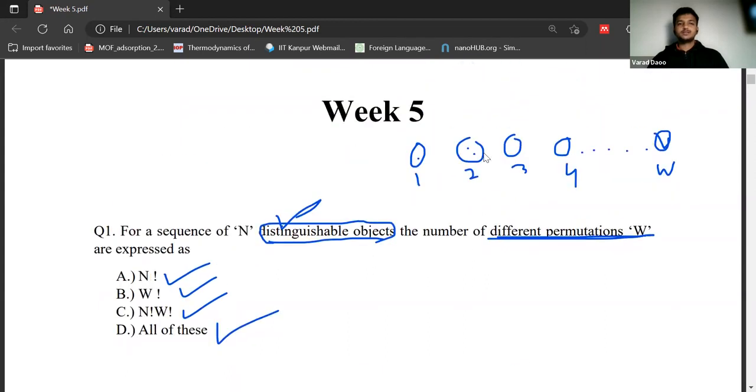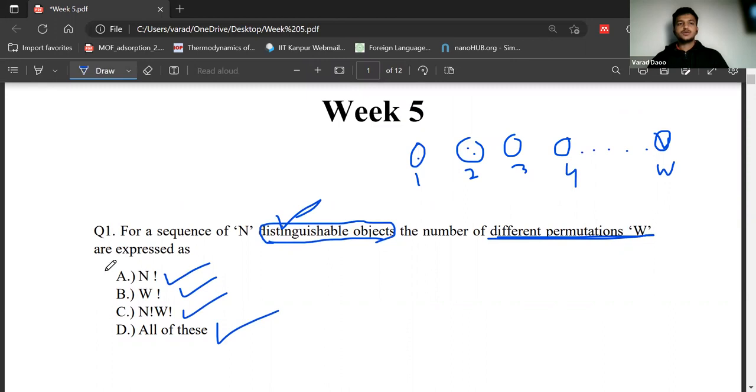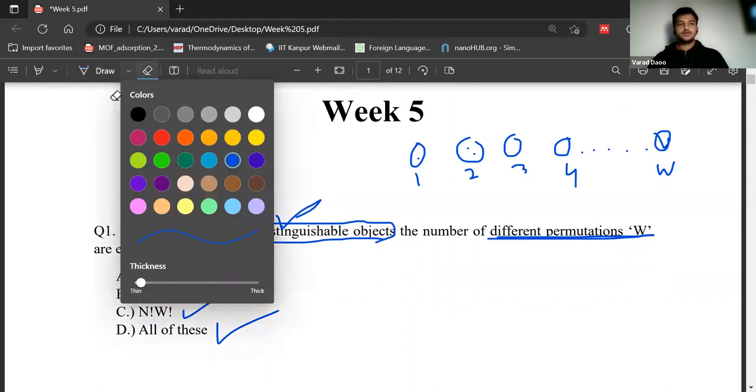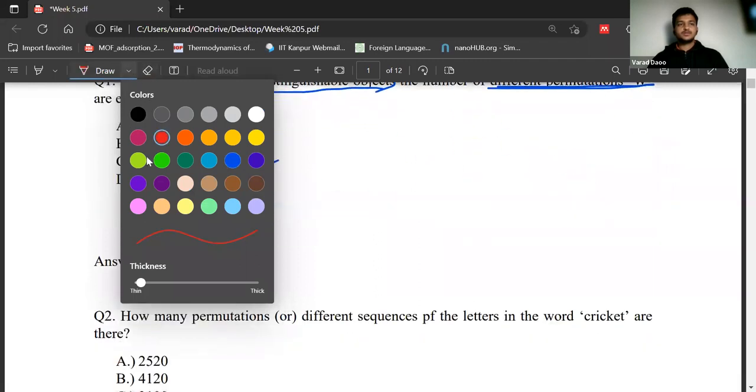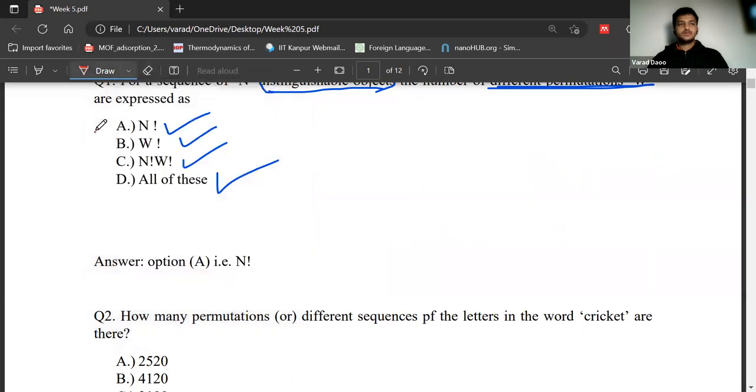Did anybody get any answer? Okay, the correct answer is option A, that is n factorial.